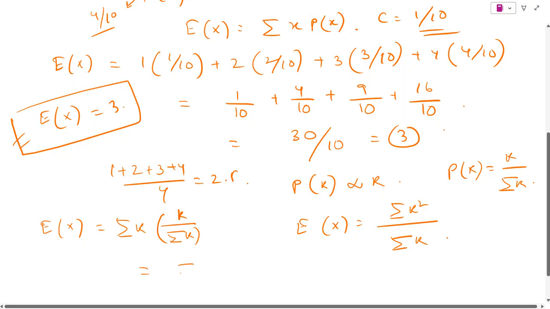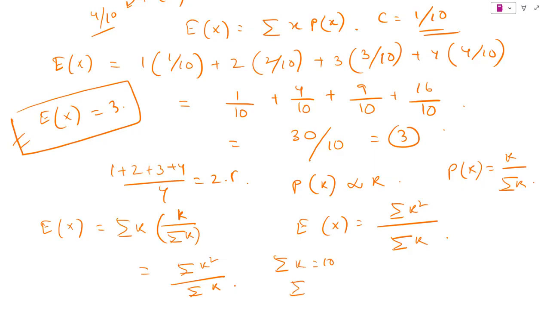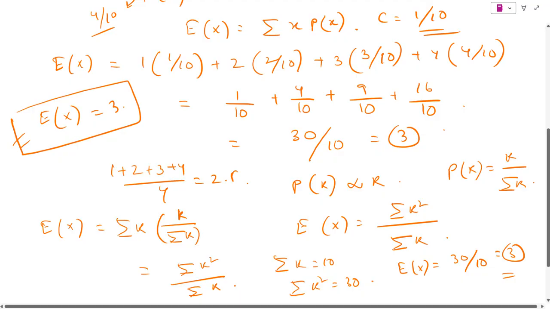So this is summation of k square by summation of k. Now calculate summation of k, this is 10. Summation of k square, this is 30. So E of X will be what? 30 by 10. So this is 3. So this elegant shortcut saves a lot of time in competitive examinations.